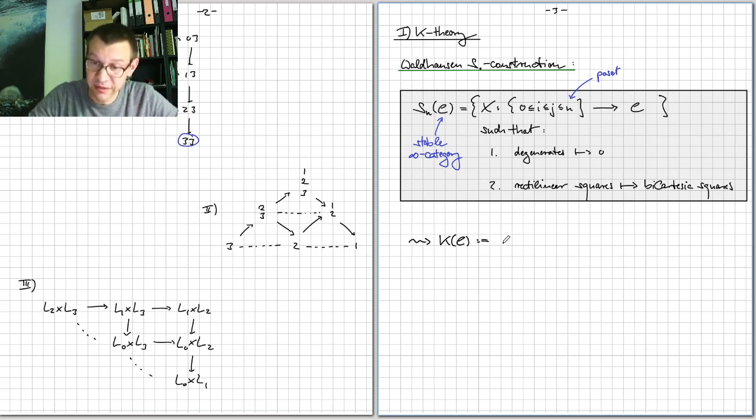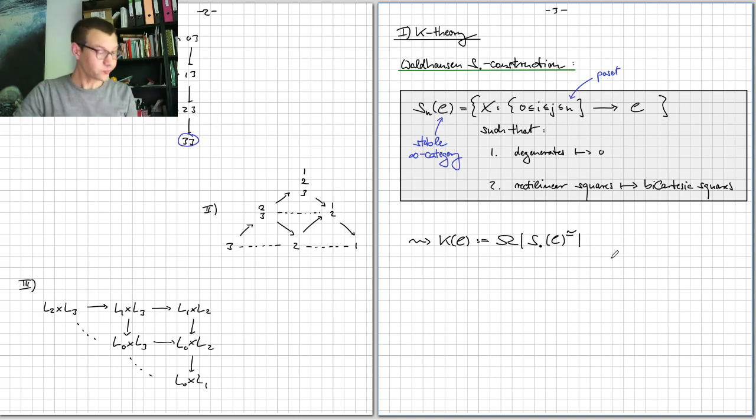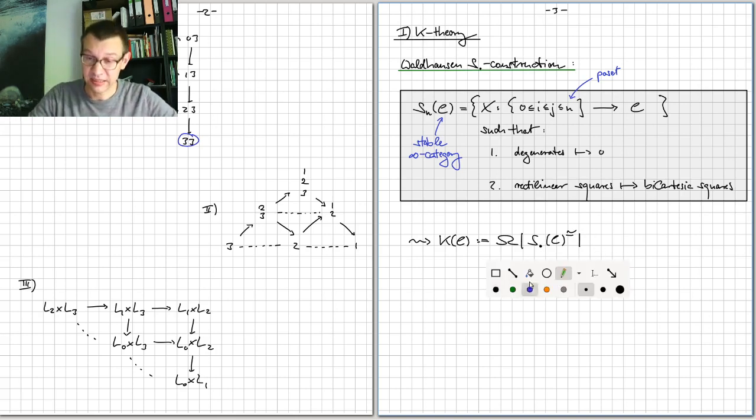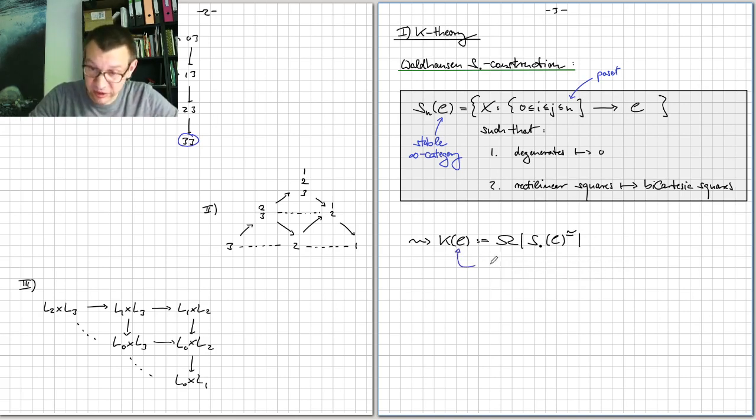The algebraic K-theory space, as Waldhausen defines it, is the loop space of, well, I don't think of this as a category of such diagrams, but I look at the maximal groupoid, so that gives me a simplicial space, and then I just take the geometric realization of the simplicial space, and this is what is called the algebraic K-theory space.